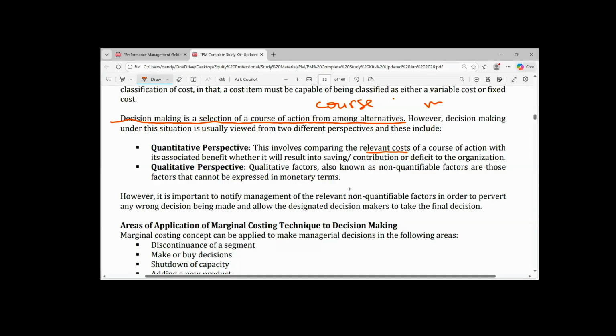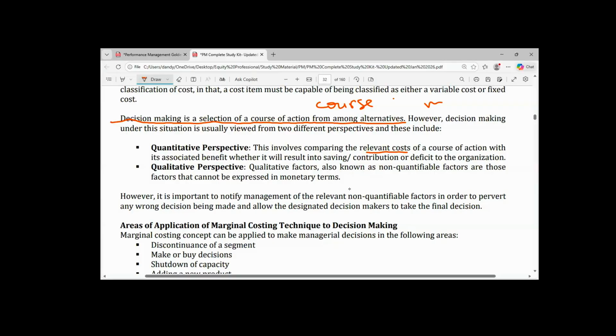That is the economic angle of the decision. So when you do all those calculations that we are going to do, they are the quantitative, they are the quantifiable or monetary aspect of the decision that is to be taken. So the process of comparing the benefit that will arise from that course of action with the associated relevant cost is what is known as the quantitative factor or perspective or angle of the decision that is to be taken.